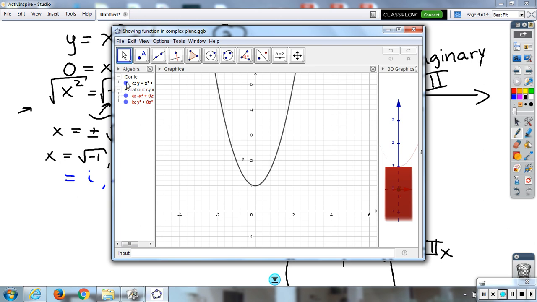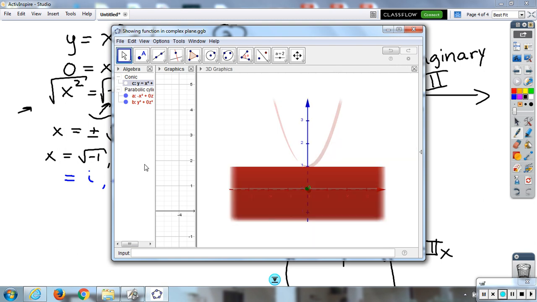So now, I can show you what it looks like in 3D space, where you have two real dimensions and one imaginary dimension. It looks something like this. So there's your x squared plus 1, and we're just going to think that this is invisible. You can't see this space here.